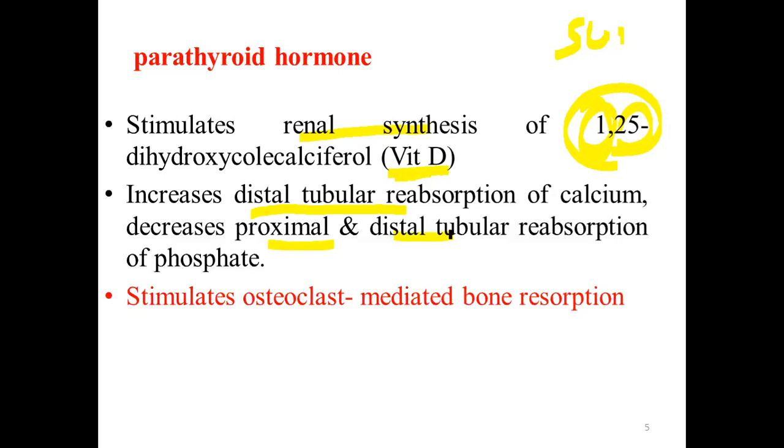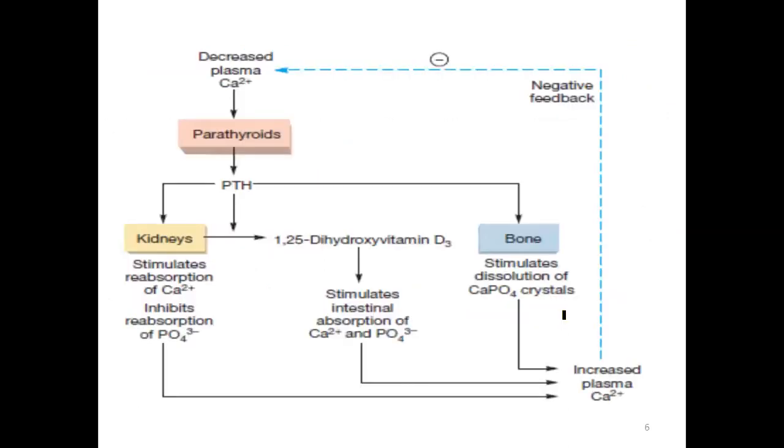So paradoxically, it promotes the excretion of phosphate, but increases calcium reabsorption from the kidney. Then on the bone, the hormone stimulates osteoclasts, which ultimately promotes bone resorption. So those are the principal roles of parathyroid hormone in the body system.